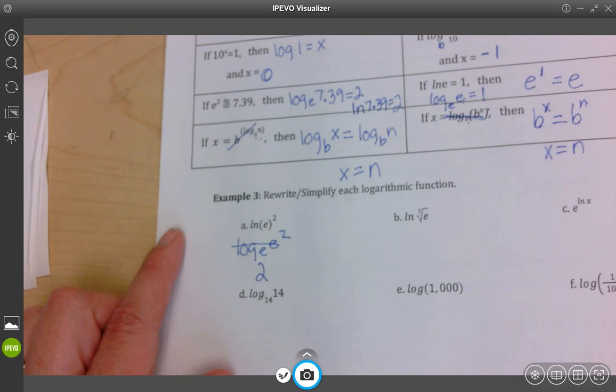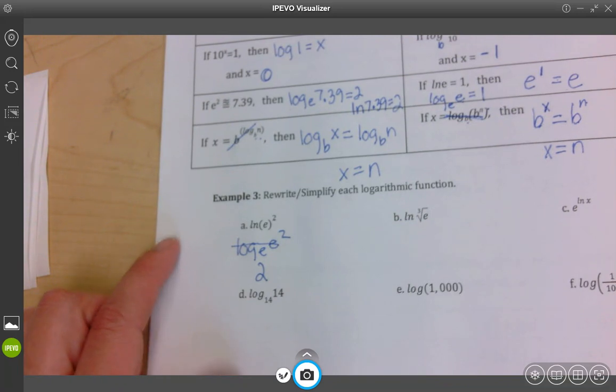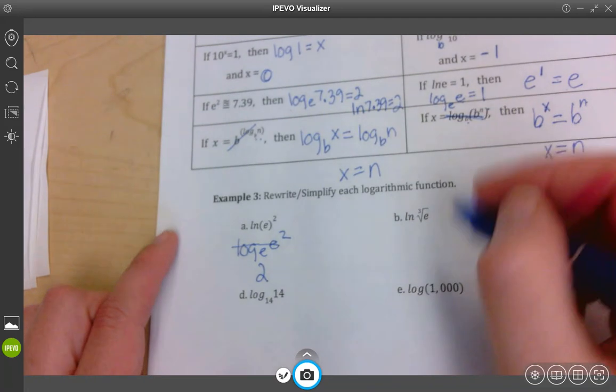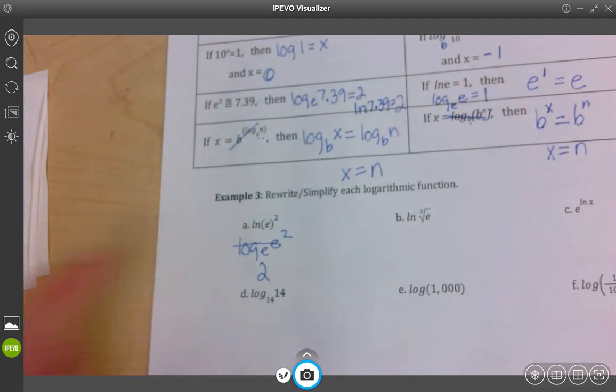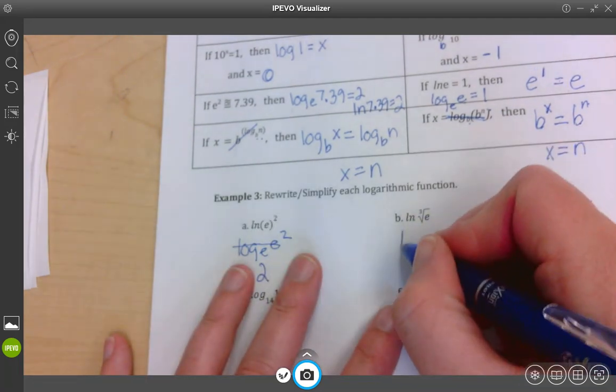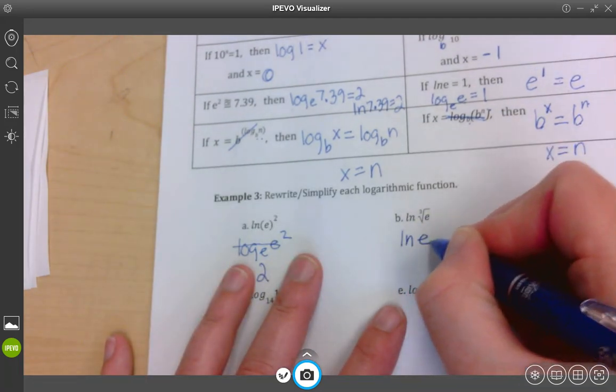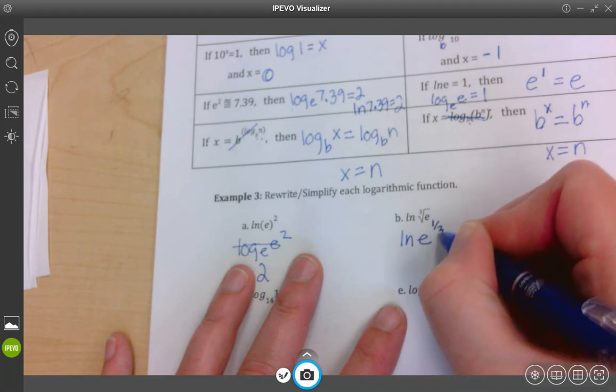Okay, I'm going to do one more with you, and then I'm going to have you try C and D. Actually, just C, because D is a little bit different. All right, is that a cube root? Okay, cube root can be rewritten as what exponent? 1/3, yeah. So this is going to be ln of e to the 1/3.